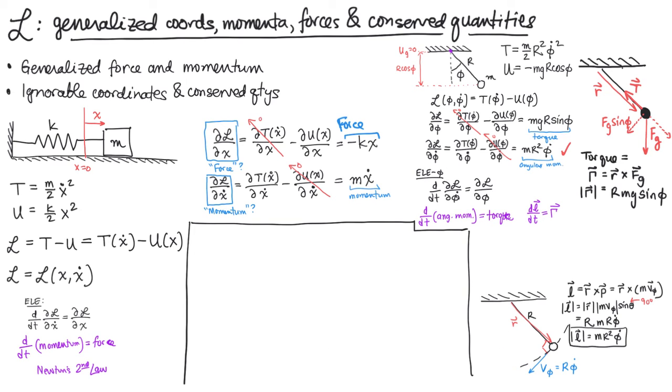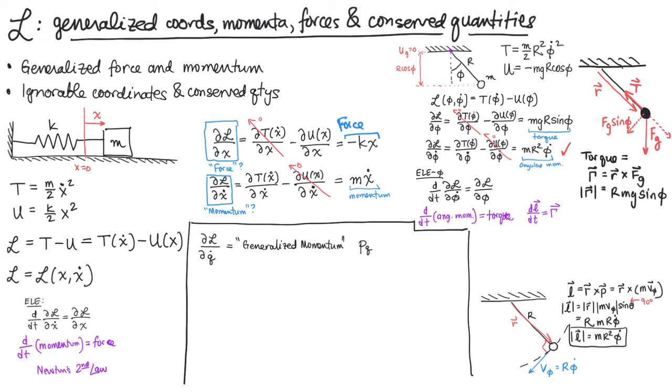So here's how we're going to say it. When you have a Lagrangian, it can depend on a generalized coordinate and a generalized velocity, q and q dot. We're going to call the partial with respect to the generalized velocity the generalized momentum, and give it the name P sub q, meaning the momentum associated with the coordinate q.